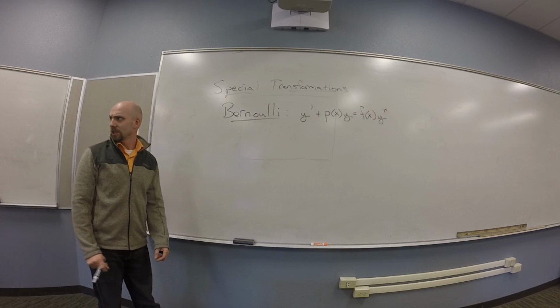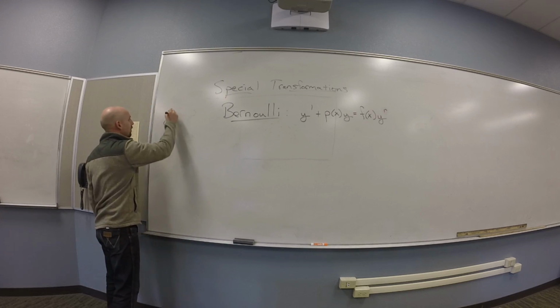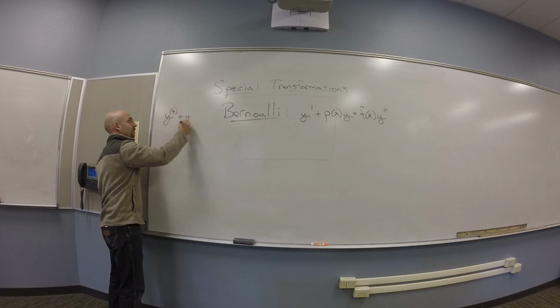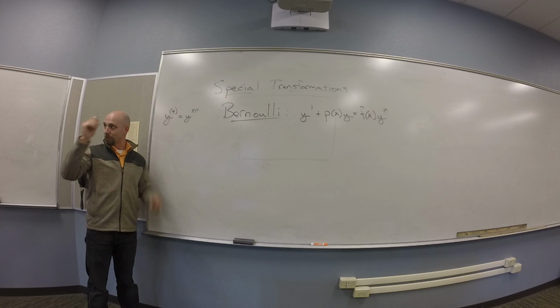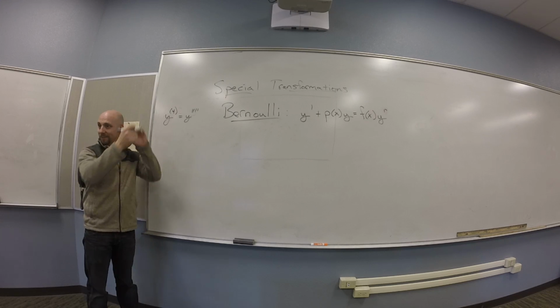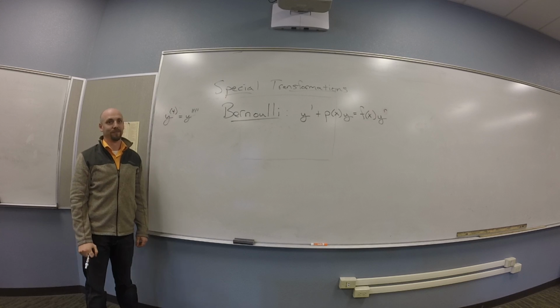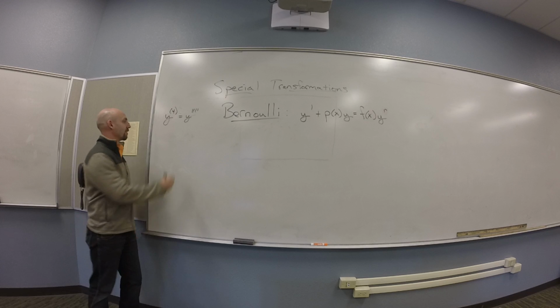Did I tell you guys that notation? Y with a little 4 that looks like an exponent but has parentheses around it is the quadruple prime. Well, don't worry, it's worse.